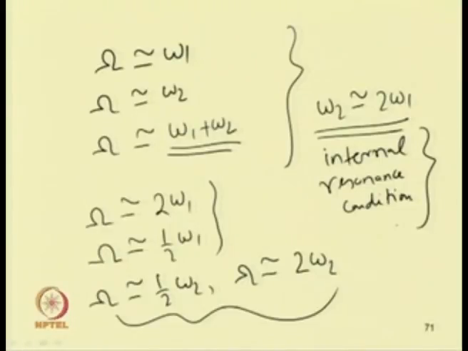In secondary resonance condition one can have the subharmonic, superharmonic. In addition to that we can have the combination type of resonance condition. Considering the internal resonance conditions also, one can get other different types of resonance condition in the system. One can study all those resonance conditions to find the response of the system.